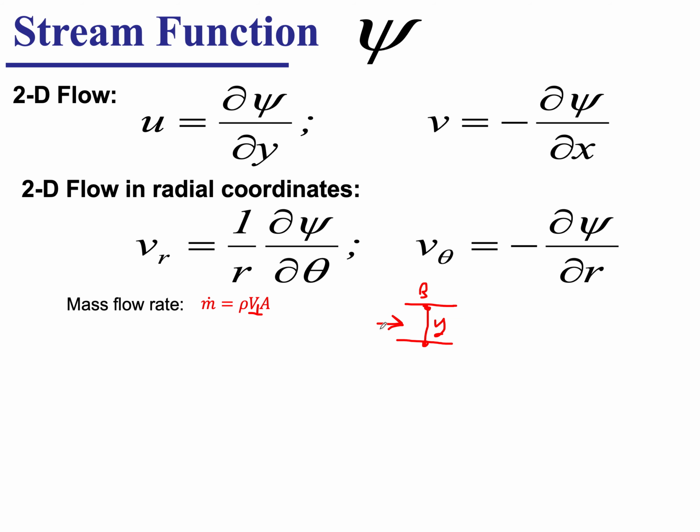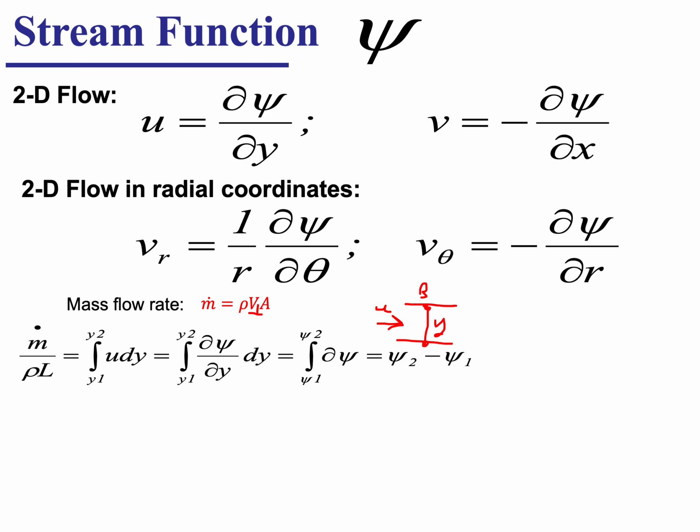Then I can compute the mass flow rate. The mass flow rate going through this height y is just the density, the velocity u multiplied by y multiplied by b.